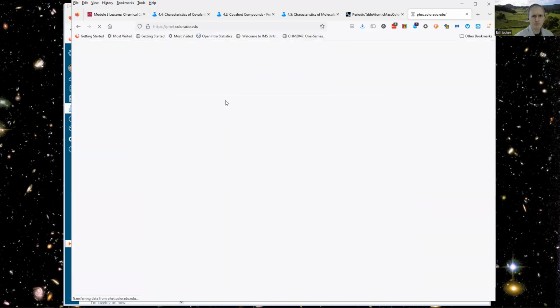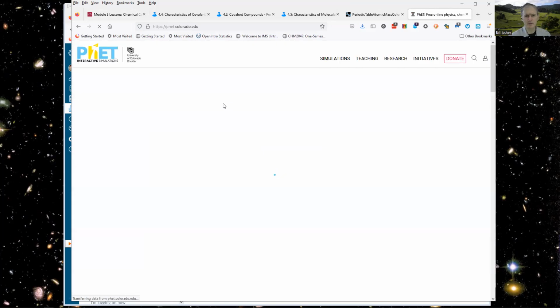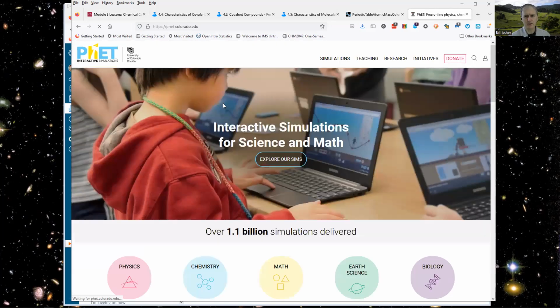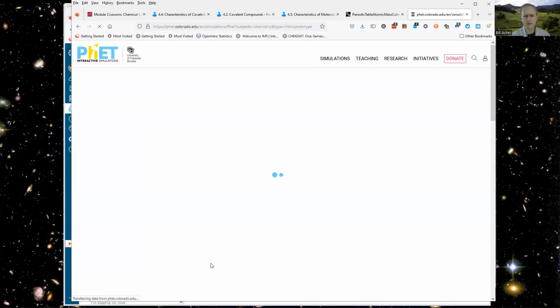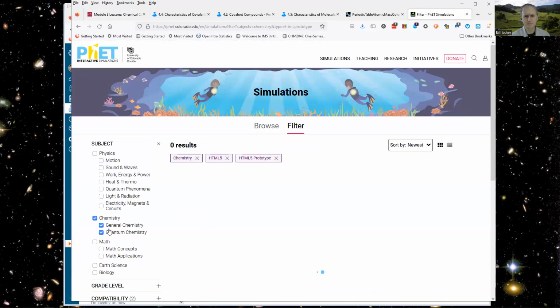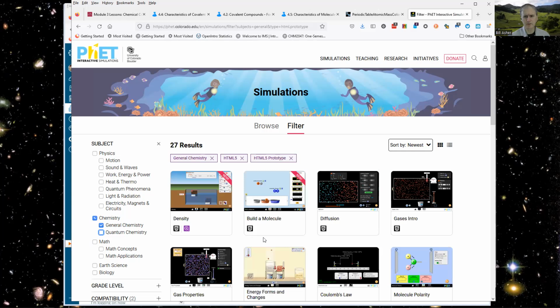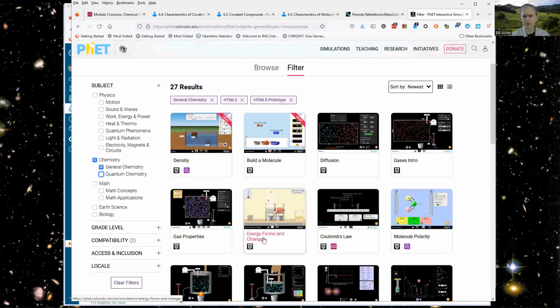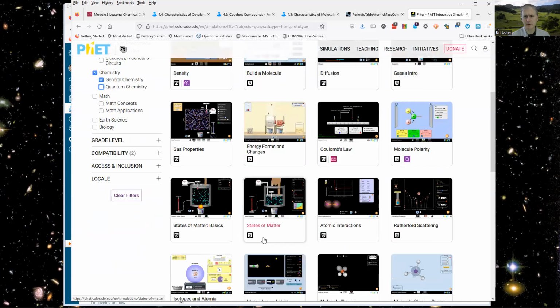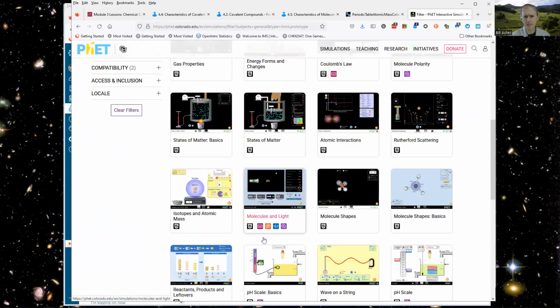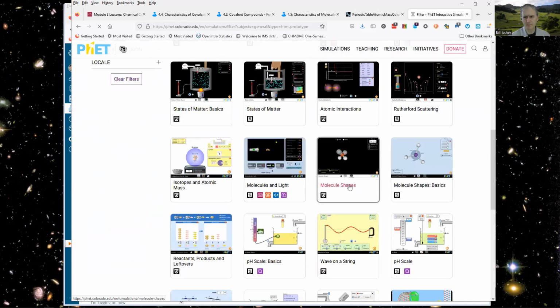So we'll go to PhET, and we'll find the online simulation chemistry and general chemistry, build a molecule, molecular polarity, come on, molecular shapes. Here we go.